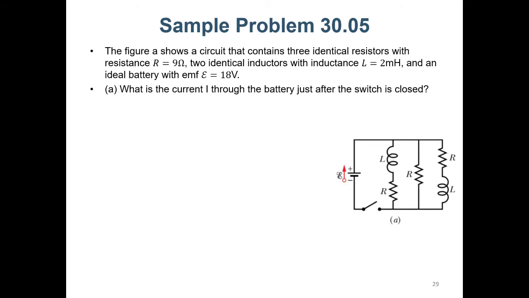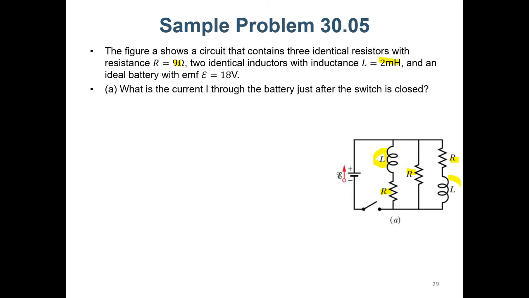So here we have an example problem. Figure A shows a circuit that contains 3 identical resistors, with resistance R equals 9 ohm, and 2 identical inductors with inductance L equals 2 millihenry.